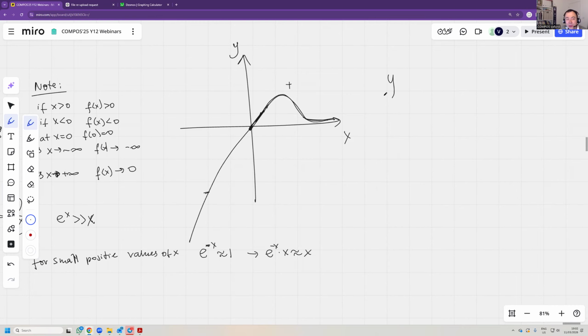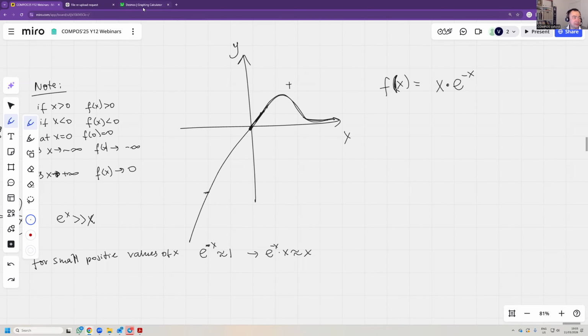So once again, f of x equals x multiplied by e to the power minus x. So you can see that when x is small, this is just 0, 1, and the function behaves as x.